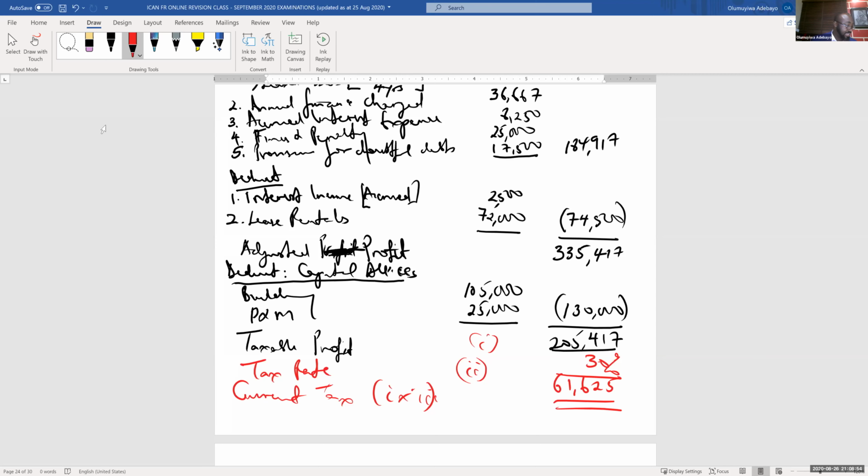We have only attempted solving the A part of the question. The B, which carries the highest mark, says calculate the deferred tax liability as at the end of the year. Now, what do we need to do? What we need to do is the following.